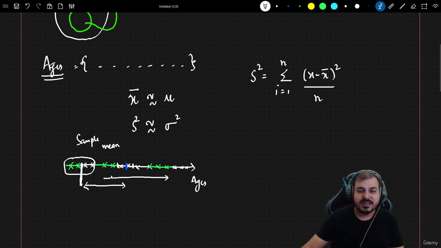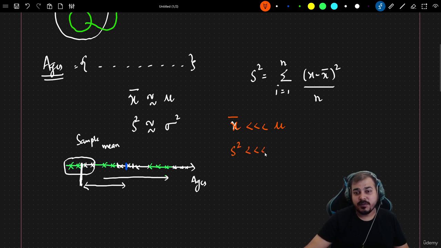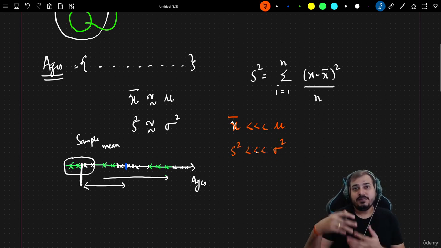So in this scenario, x bar will be very lesser than the population mean mu, and the s square will also be very lesser than the population variance.